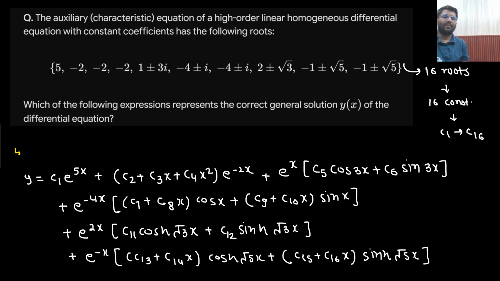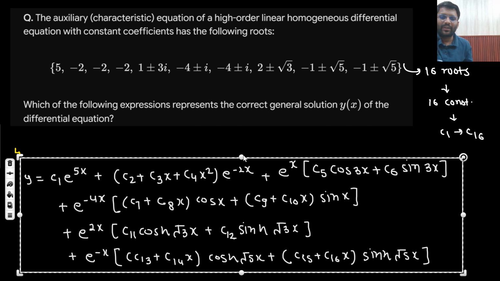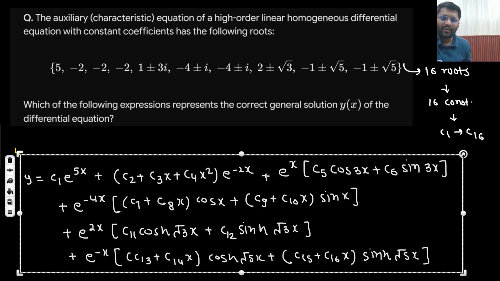And there you go, this is the complete answer of y. Surely it will not be asked in the examination hall, but as a revision, you only need to revise this slide, your job is done. Only revise this particular slide and your job is done.